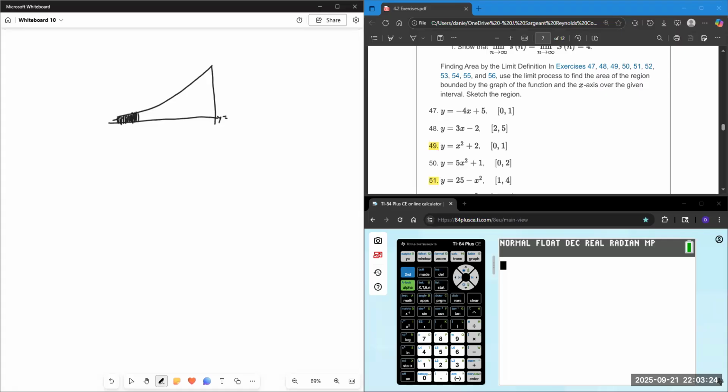This is y equals 0, this is y equals f of x.